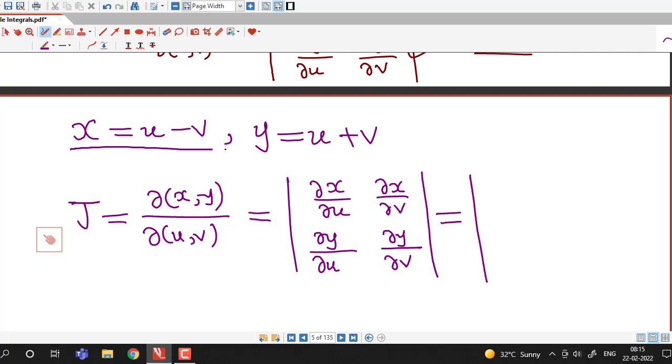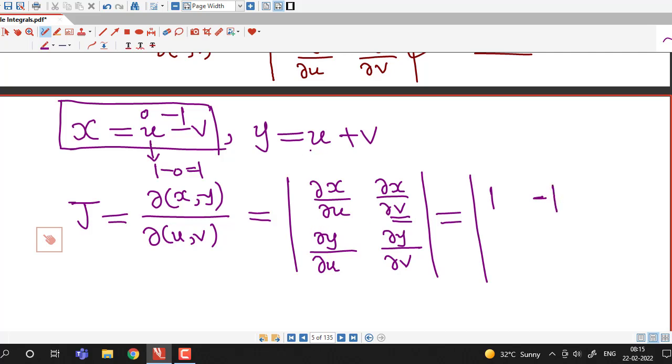x is u minus v, so if we differentiate with respect to u, we consider v as constant. So the derivative of x with respect to u is 1 minus 0, that is 1. For the derivative of x with respect to v, we consider u as constant, so 0 minus 1, that is minus 1.